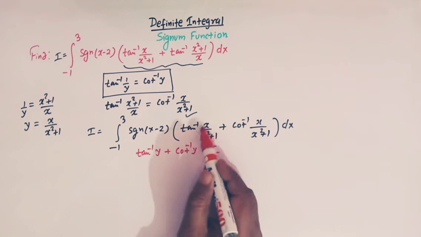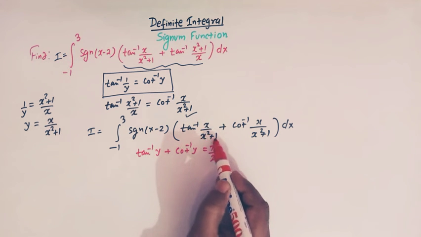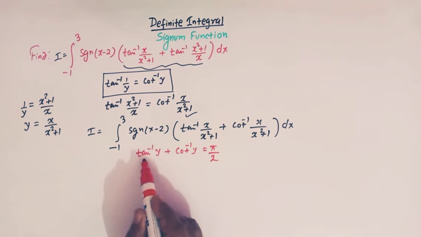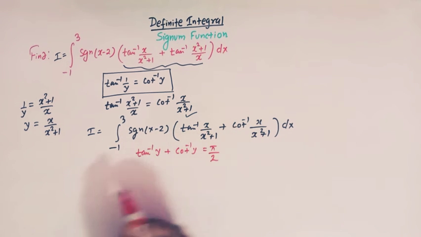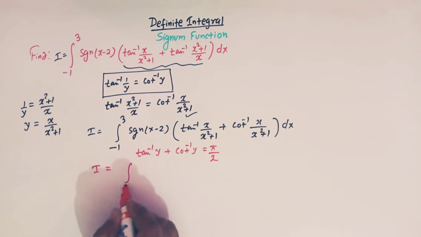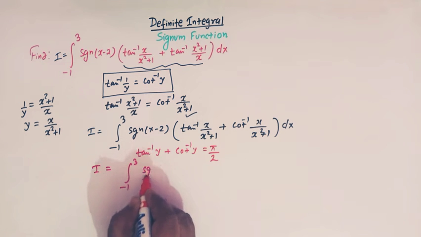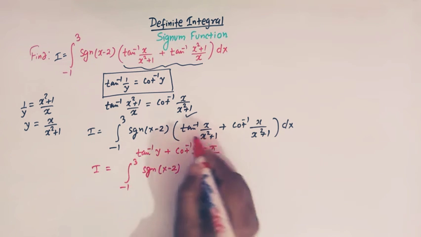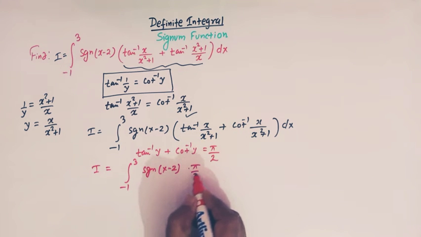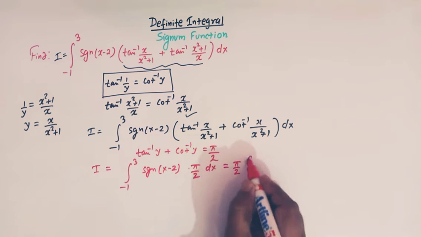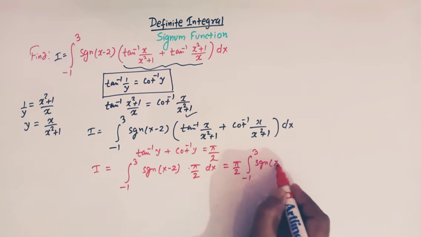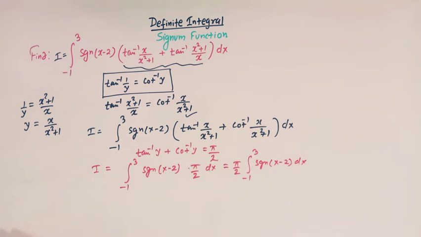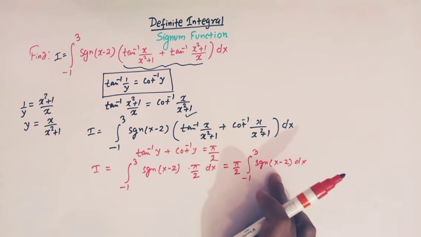So if we take y as x over (x square plus 1), then this term becomes pi over 2. Now our integral I becomes the integral from -1 to 3 of signum of (x minus 2) times pi over 2, and we can take pi over 2 outside the integral. So now this integral reduces to this one.